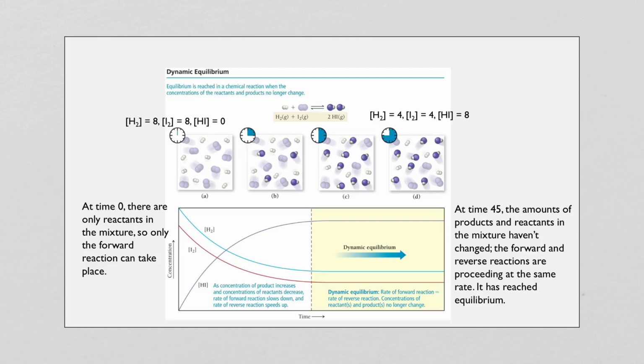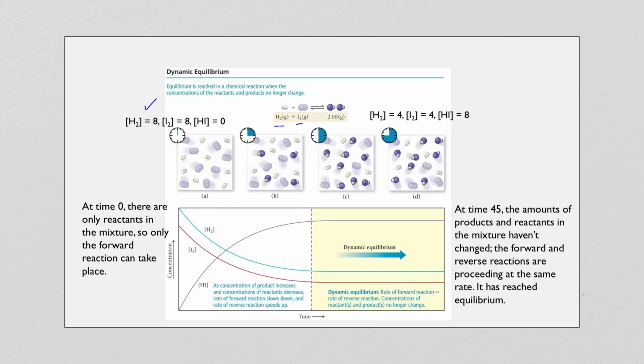So let's look at an example here. Let's take our reaction between hydrogen, H2, and iodine, I2. At the beginning of the process, we start out with just reactants. So in this scenario, we have 8 H2 and 8 I2, and we have no product.